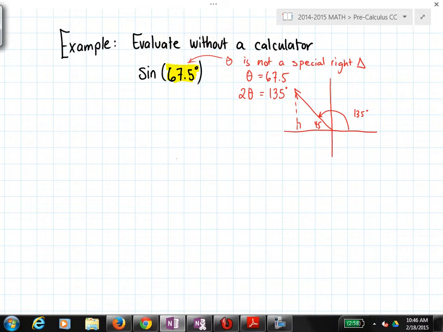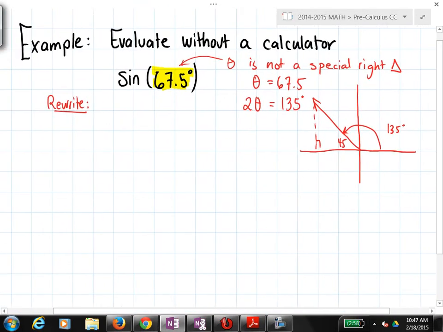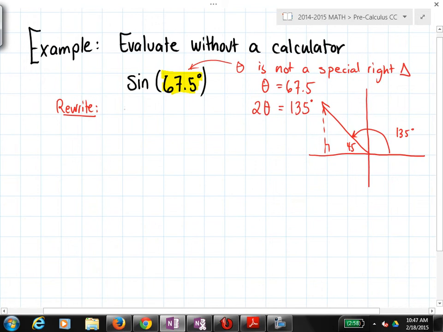So what I'm going to do is rewrite this, and the way you rewrite it is going to help you determine which formula to use. I'm going to rewrite sine of 67.5 as sine of 135 degrees divided by 2.